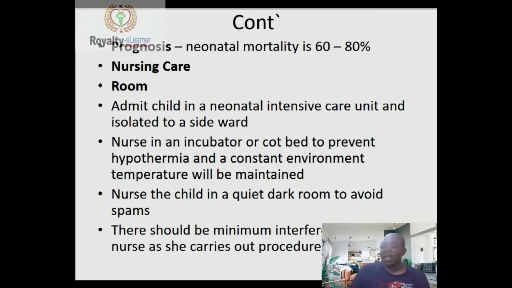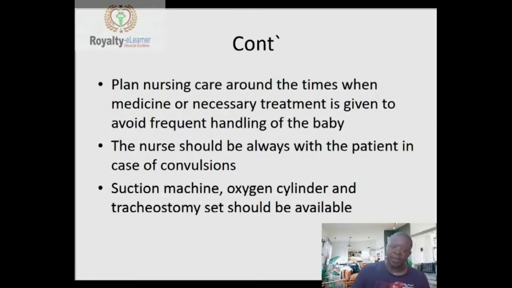You can nurse the child in a quiet, dark room to avoid spasms. There should be minimum interference from the nurse as she carries out procedures. Hence, procedures need to be done in parts to avoid stimulating the patient, which may cause fits.